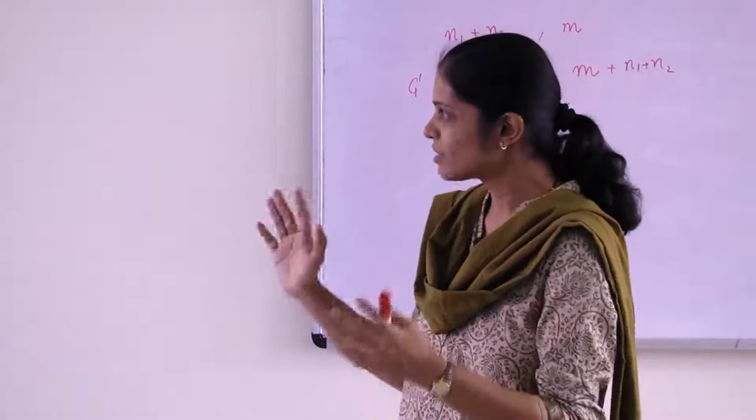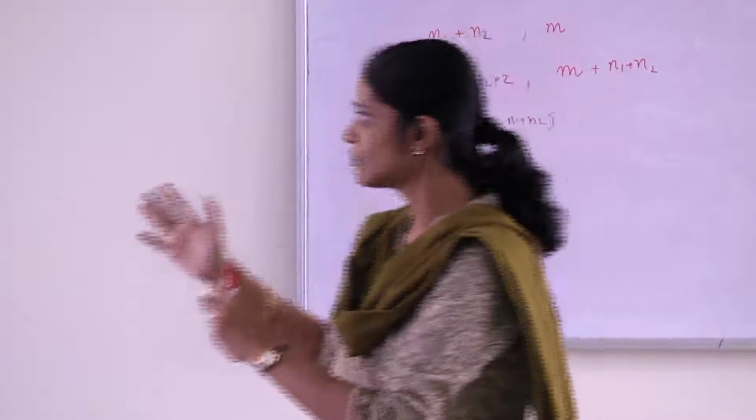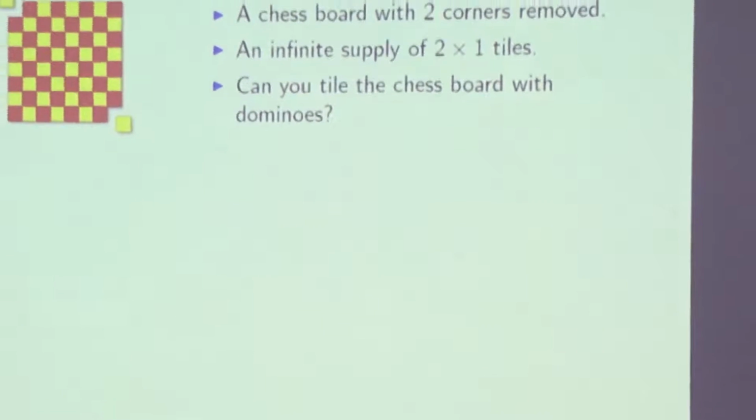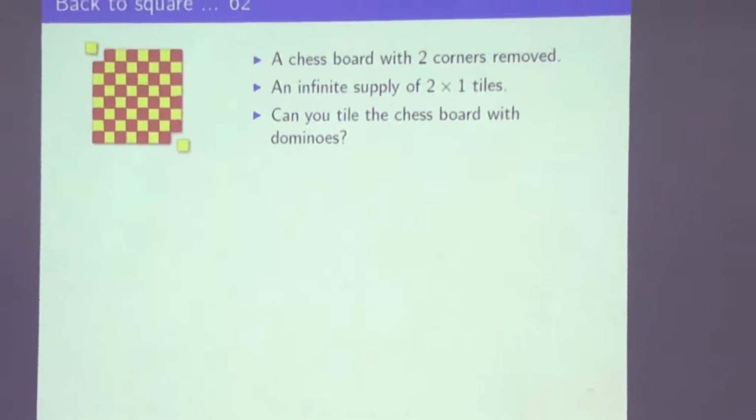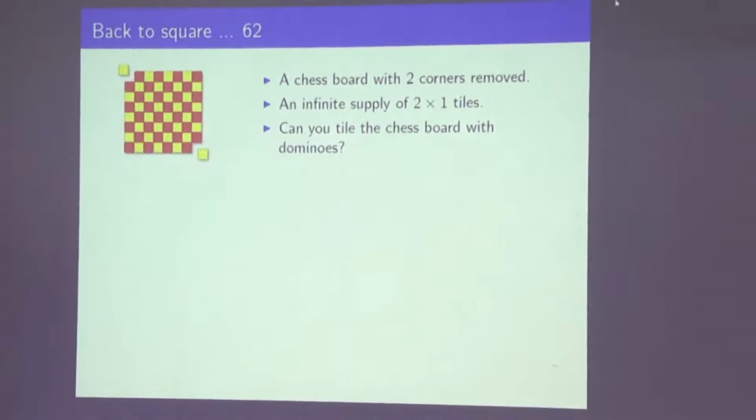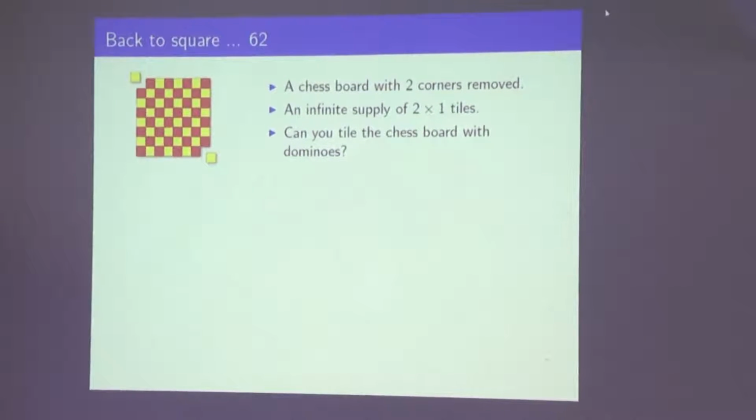Again, there is a lot of theory that can be told about this, but we'll just go back to where we started. Remember our question we started with in the early afternoon. We asked, can this chessboard be tiled where you have these two corners removed?